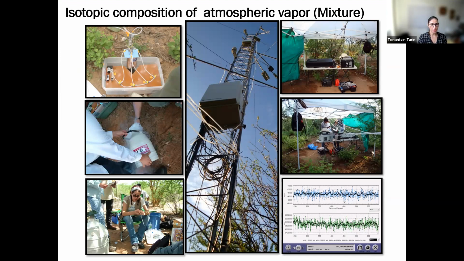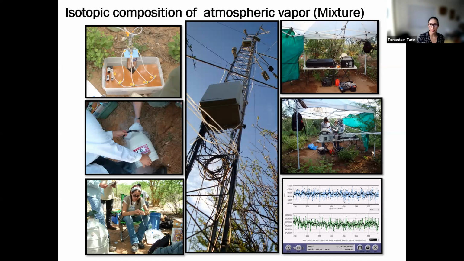We were trapping these samples using cryogenic liquid nitrogen. But eventually, with a lot of effort and work to maintain a laser running in the field, we switched our measurements in later years to continuous isotopic analysis of the vapor using the laser at the site.